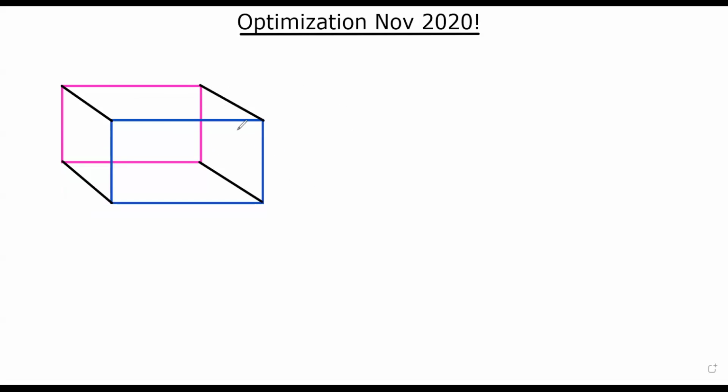Now, I also want you to realize that they said to you the material for the top and the bottom surfaces is 15 rands per square meter. And they came back and made a general statement. They said the material for the sides is 6 rands per square meter. And listen, they said the sides. Under normal circumstances, we know that these are the sides.